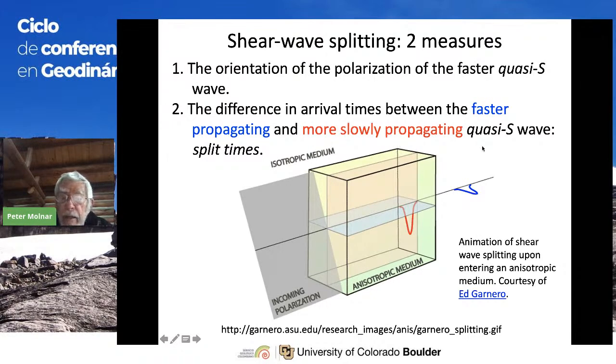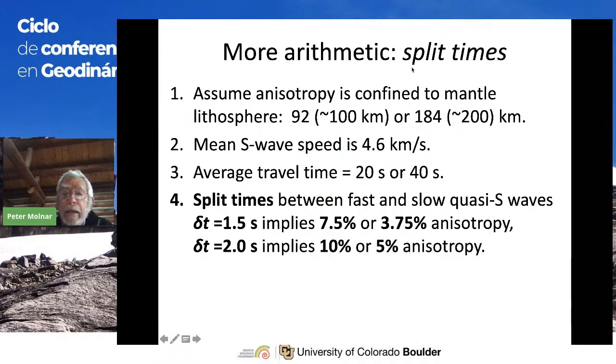And if I go back and we look at the split times instead of the orientations, let's assume the anisotropy is confined to the mantle lithosphere, and we'll take numbers of roughly 100 kilometers or roughly 200 kilometers. I've made these 92 and 184 because the mean S-wave speed is 4.6 kilometers per second, and this number is easily divided by that, so is that. So the average travel time would be 20 seconds or 40 seconds through a layer 184 kilometers thick.